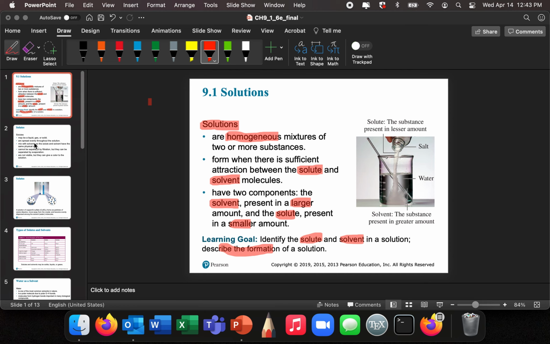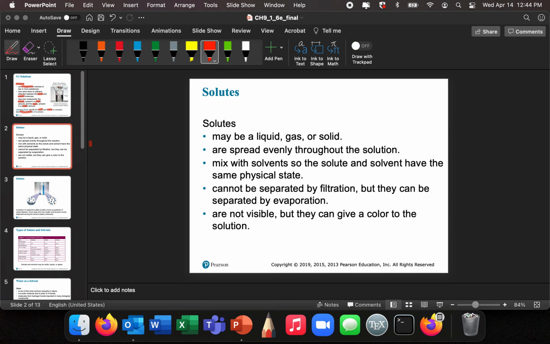All right? So let's look at them more carefully. First of all, it's important to appreciate that in my previous definition, I didn't say if solutions were liquids. I personally think of solutions as liquids, like Kool-Aid or coffee or tea. However, solutes can be a liquid, a gas, or a solid.